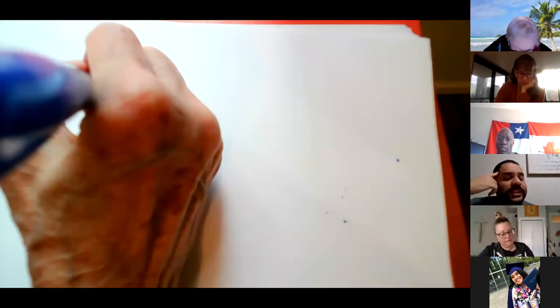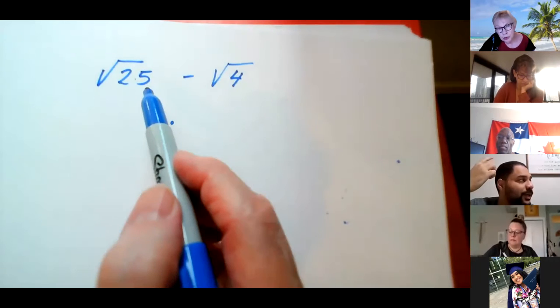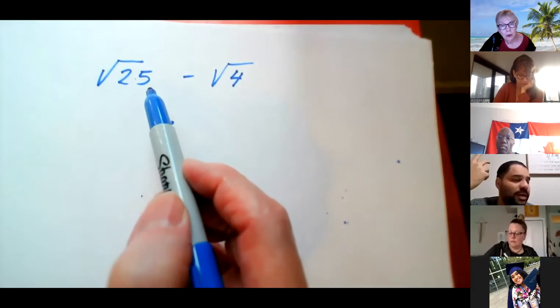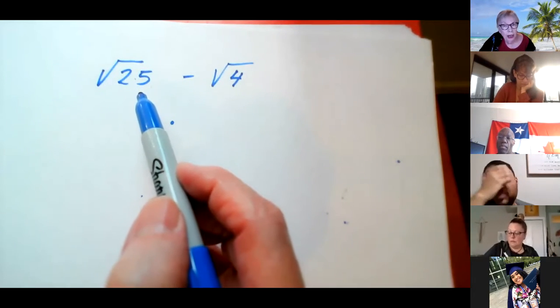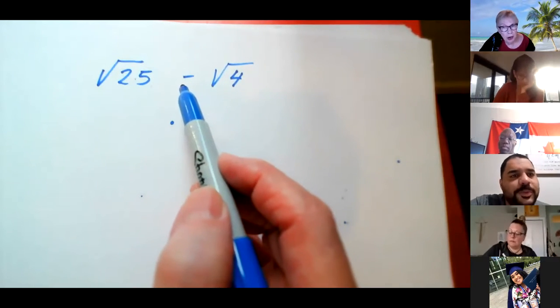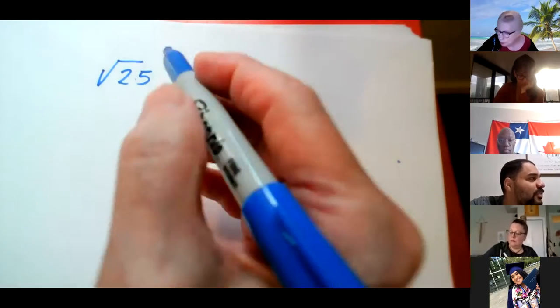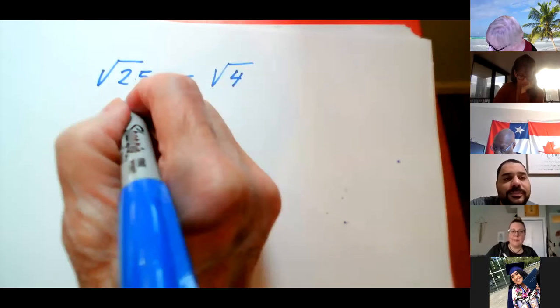See, we understand order of operation. And square roots are in the same category as exponents. And so they have to be taken care of first. Remember, subtraction is last, unless there's parentheses. So square root of 25 would happen to be 5.